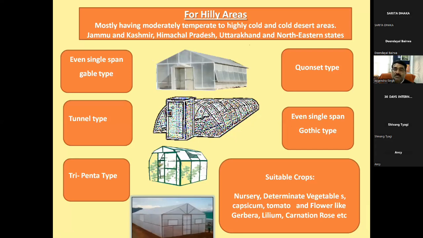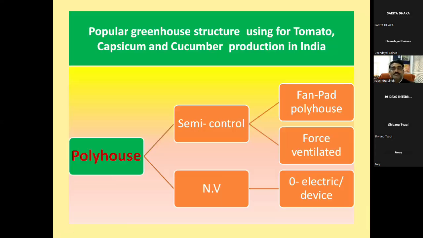So you can see here different names of the designs. These are the conditional designs we have developed according to elevation, situation, climatic condition, topography, a lot of conditions, we can change the design for the farmer's profitability.